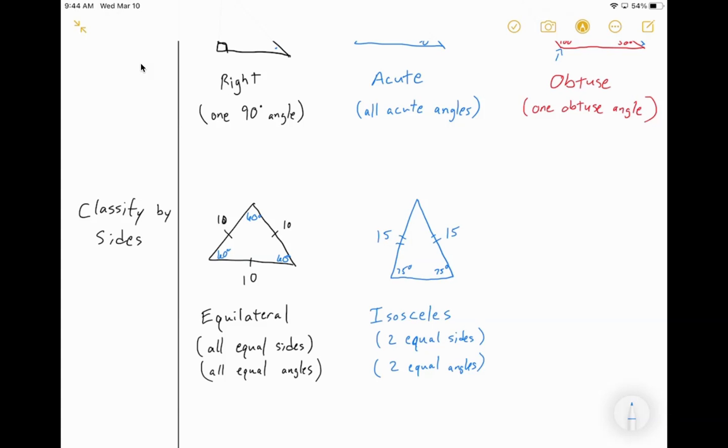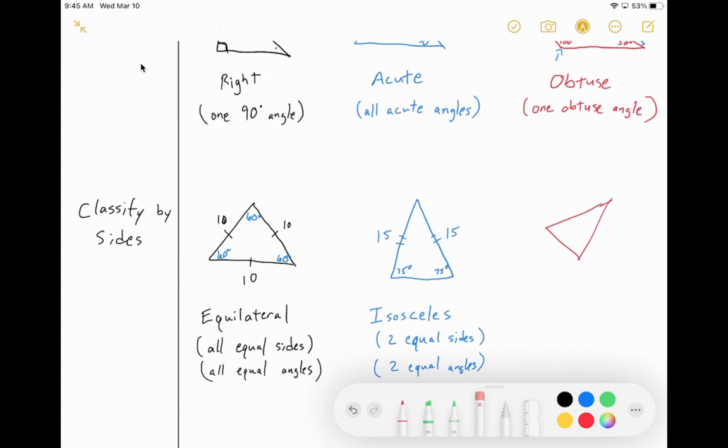Okay, and then the last kind of triangle. Last kind, okay, we have three equal sides, two equal sides. How about one equal side? Well, that doesn't make any sense. There are no equal sides is the next one. So let's just say you had a triangle that looked like this. That looks a little bit, sorry, like these sides are equal.